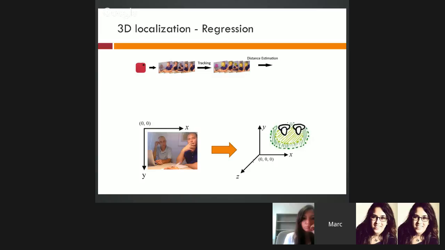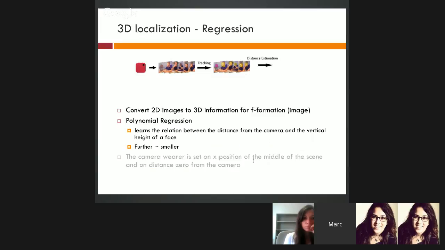To this end, we trained a polynomial regression model to learn this conversion. Basically, what it was learning was the relation between the distance and the height of the face of the people. As the people were further, their faces were smaller.